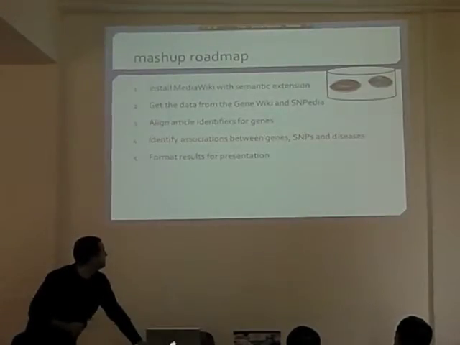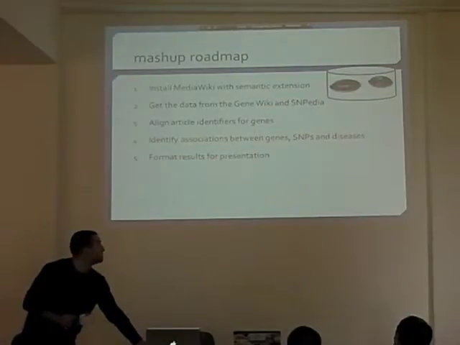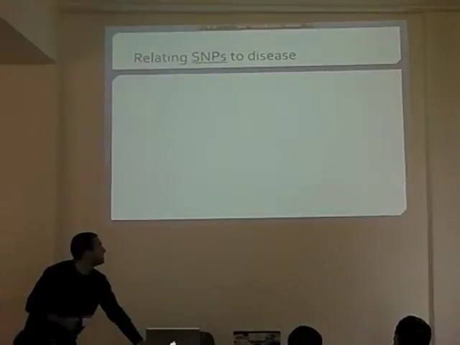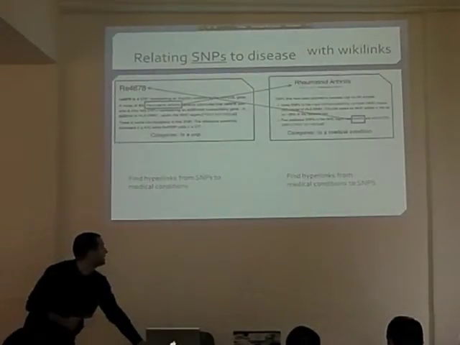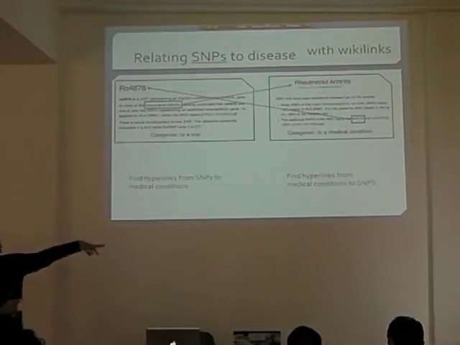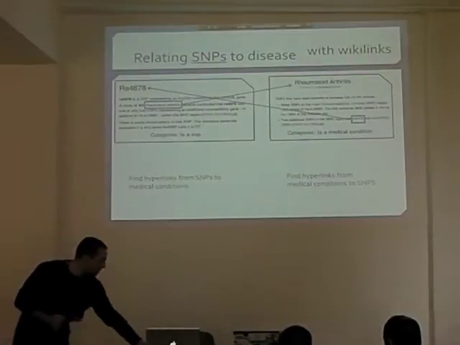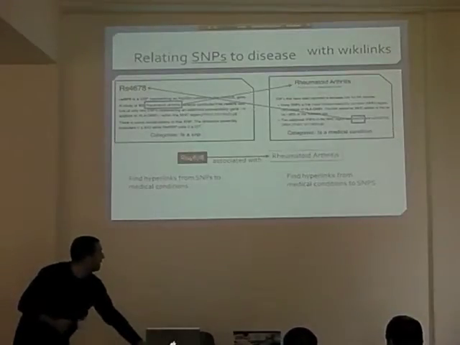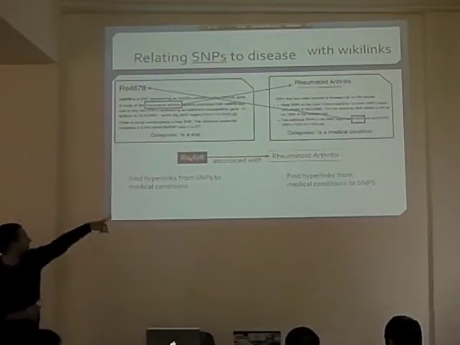So at this point we had to identify those associations between genes, SNPs, and diseases. And basically we achieved that in two distinct ways. On SNPedia, we used the hyperlinks from SNPs to medical conditions and vice versa. Whereas on GeneWiki, we came up with those associations.